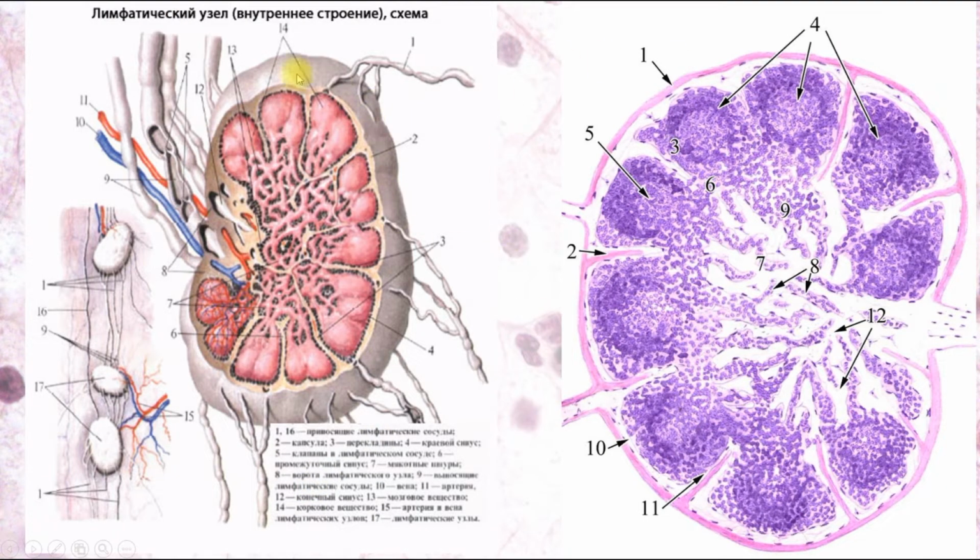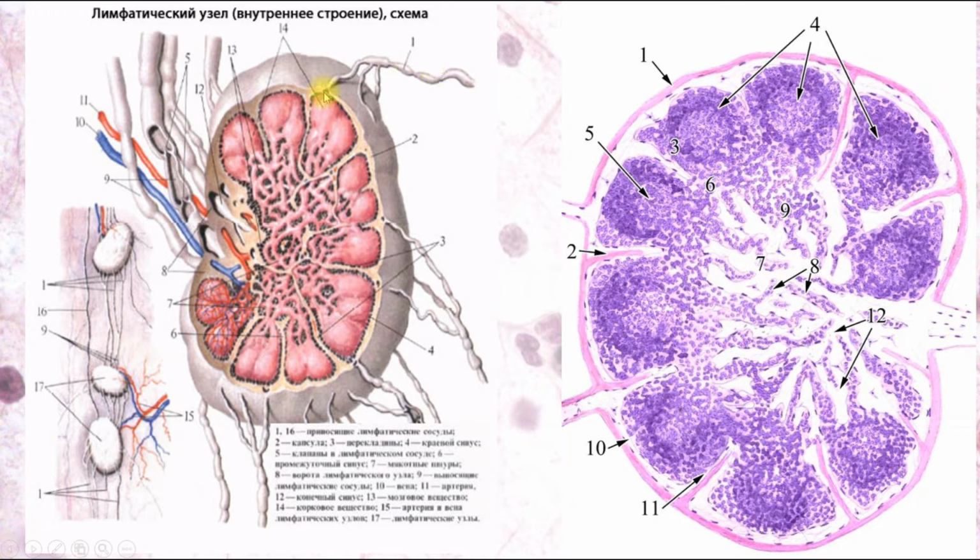And here we can see a structure of a lymphatic node. It has a bean-like shape. It has a portal part. It has a connective tissue capsule, which covers the lymphatic node. There are afferent lymphatic vessels and efferent lymphatic vessels.